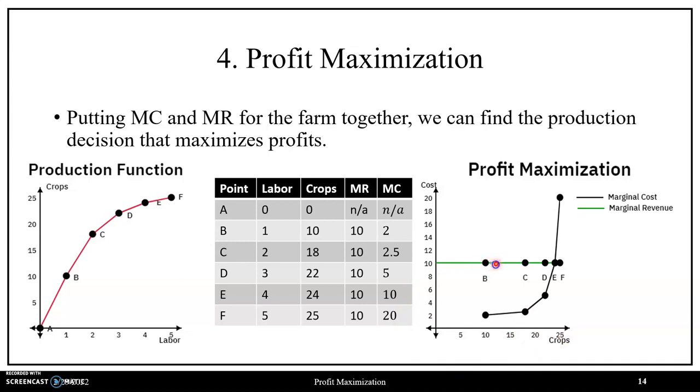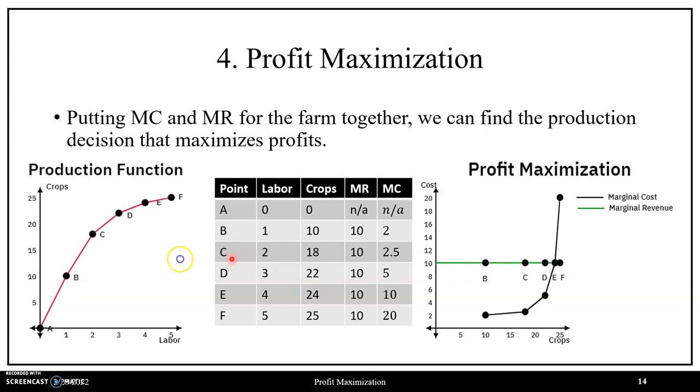We have our horizontal marginal revenue structure, and we have our upward sloping marginal cost structure. At point B, we see that marginal revenue is greater than marginal cost, in that with additional money flowing in being greater than additional money flowing out, this farm has incentive to produce more crops. So they will consider point C.